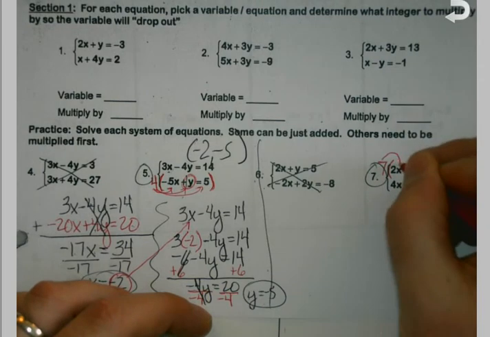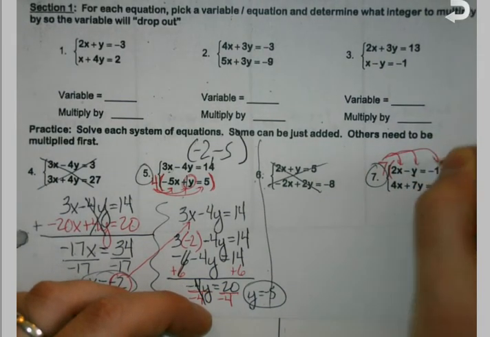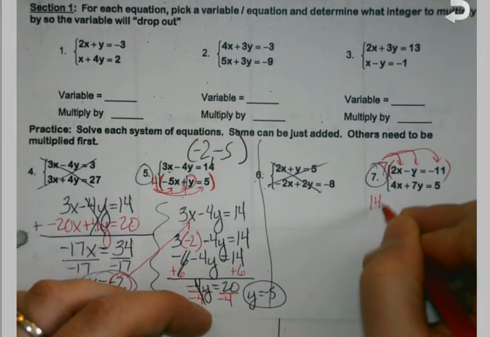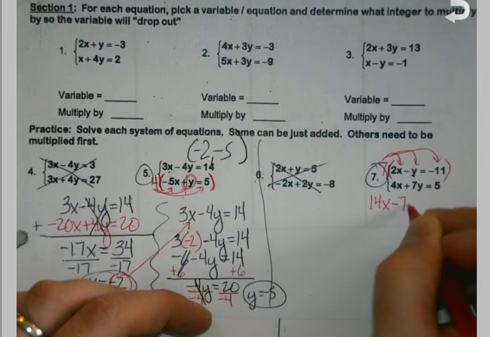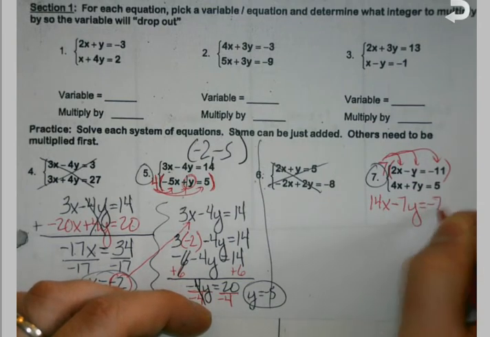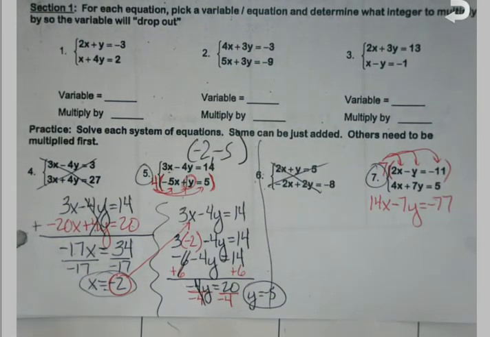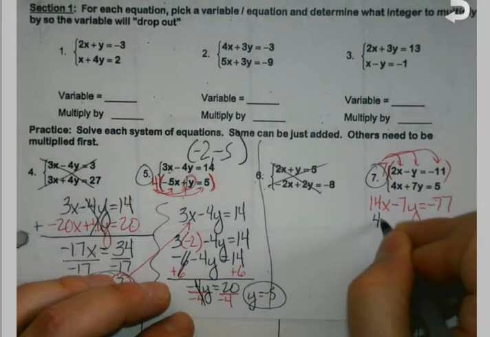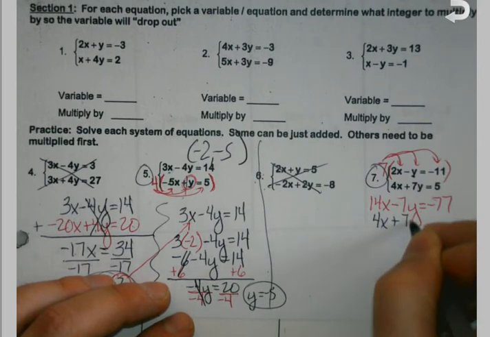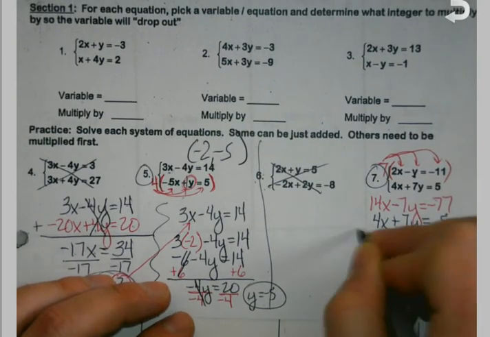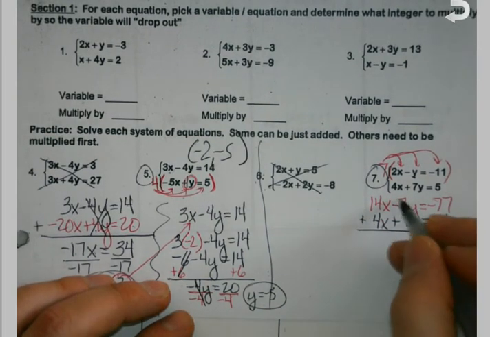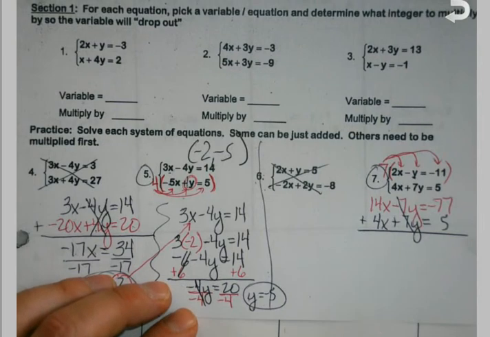And I'm going to distribute that through to the 2x, to the negative y, and to the negative 11. Again, go to the calculator if need be. I'll just copy the other one down. And then I can start canceling. Negative and positive 7. See you later.